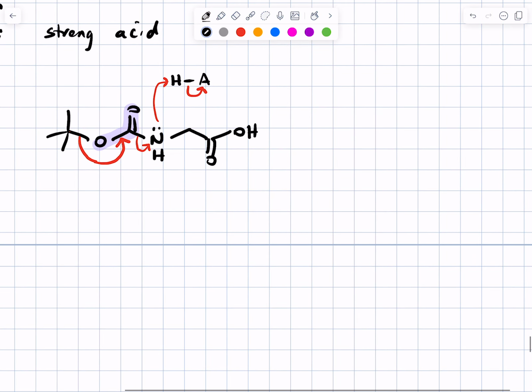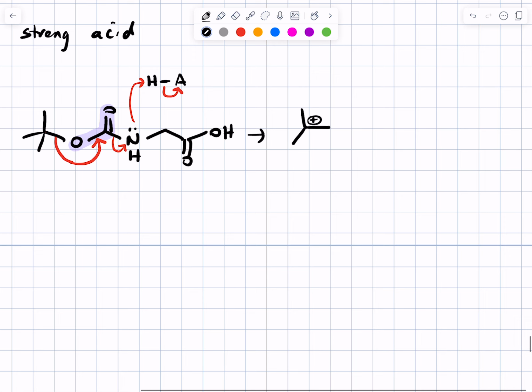as a lone pair. After this reaction, you have a tert-butyl cation, which is unstable. You have CO2, which bubbles off as a gas and is very stable. And then you have your liberated amino group.